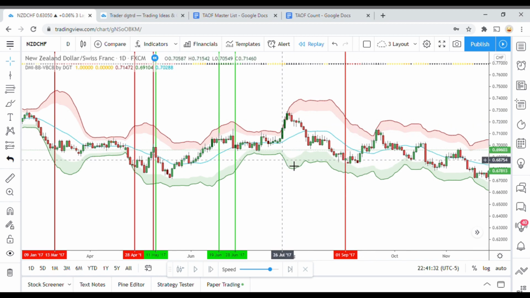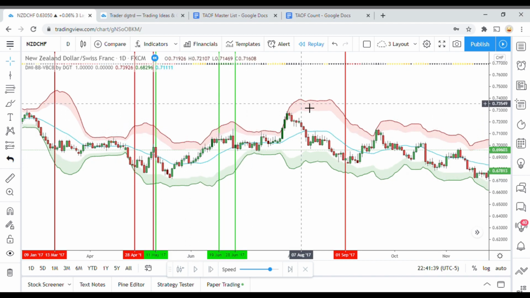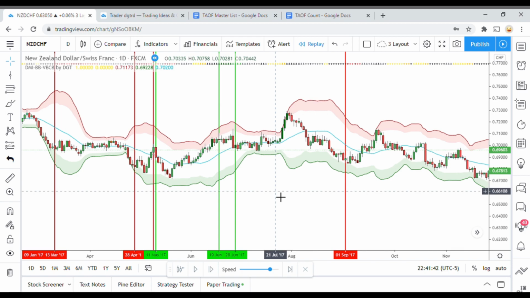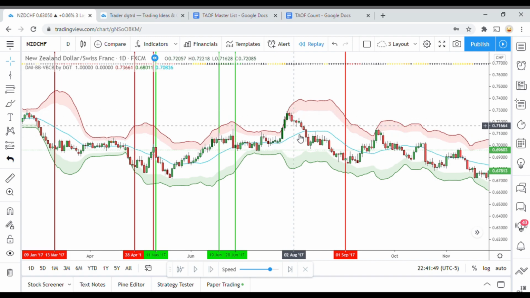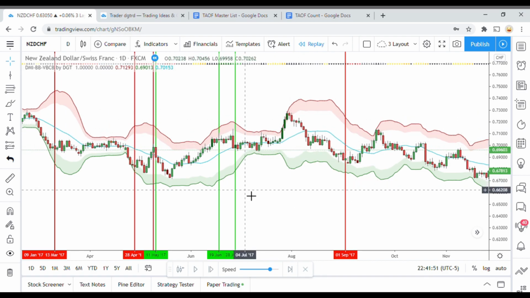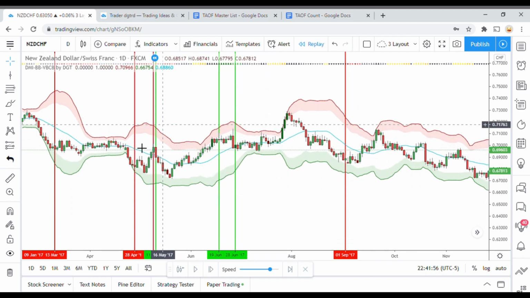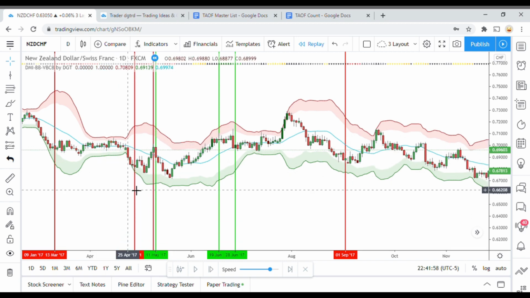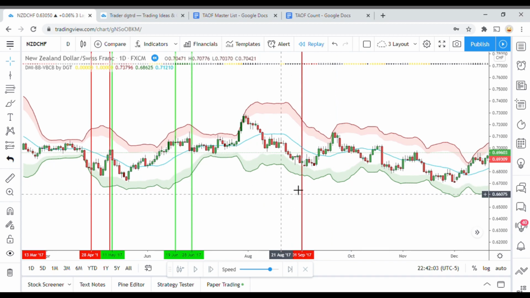And what they call this green shaded and red shaded area is the Bollinger Band cloud. And so it seems like price action is coming up into the Bollinger Band cloud, riding it for a moment, and then having a pullback pretty often.